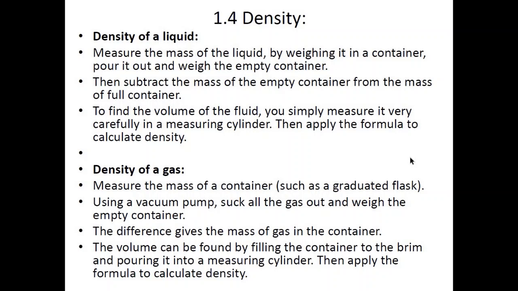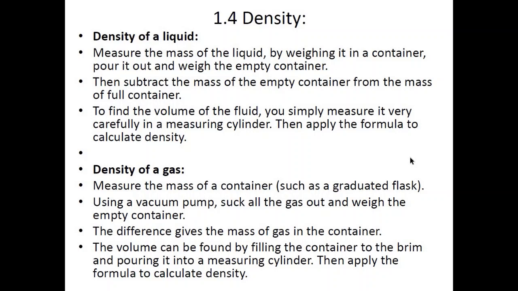And if you have to find the density of a gas, simply measure the mass of a container such as a graduated flask, a round bottom flask, a flat bottom flask, or any other container. Then using a vacuum pump, suck out all the gas and weigh the empty container. The difference gives the mass of gas in that container. The volume of the gas is the same as the volume of its container.